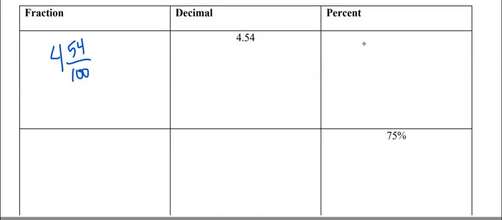Now, we're going to start reducing this. 54 and 100 are both divisible by 2. If we divide by 2, that's going to give us 27 over 50. And then there's not another common factor that goes into 27 and 50, so that's the reduced version of that fraction. When we go to a percentage, we're going to multiply by 100, moving the decimal 2 places to the right to give me 454%.